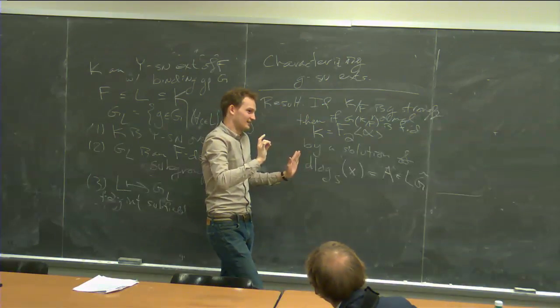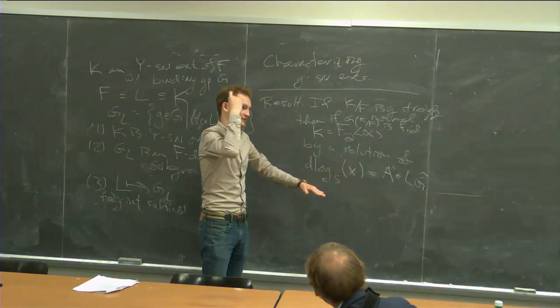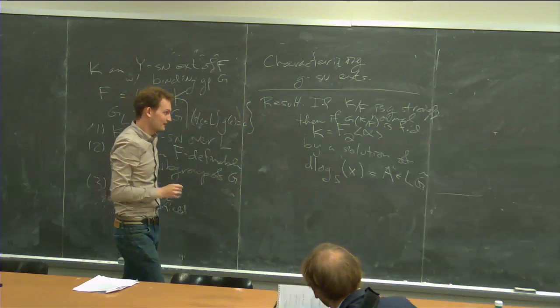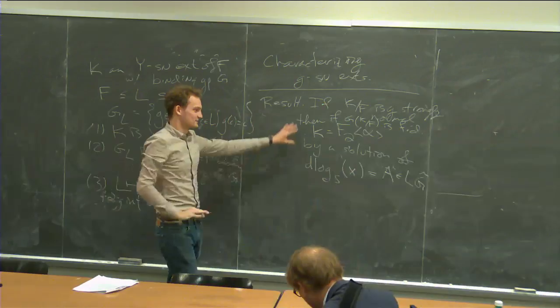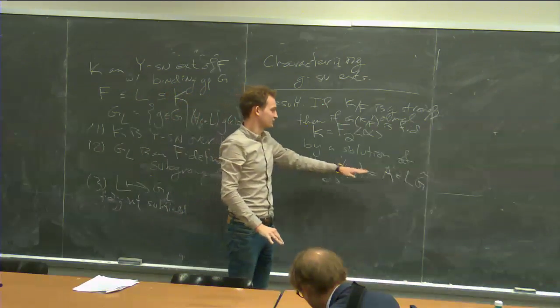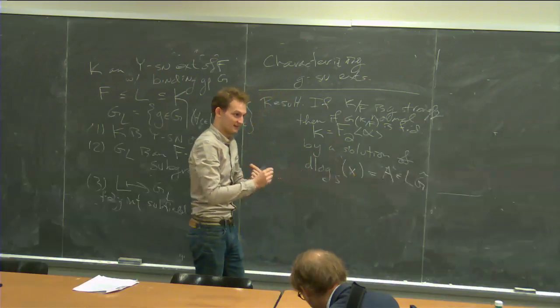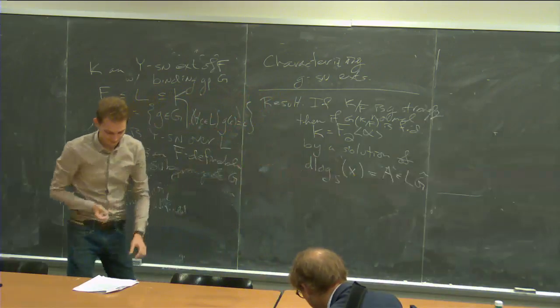But this is actually a proper generalization. What does D-log mean? I'm going to get to that. But the point is keep your intuition from the strongly normal setting, but we're going to tweak it a little bit. And that's the characterization.